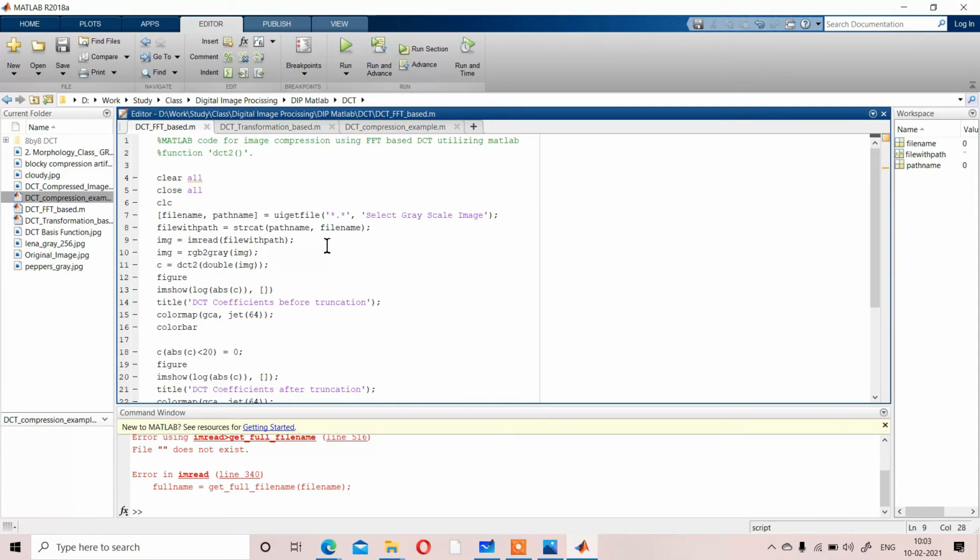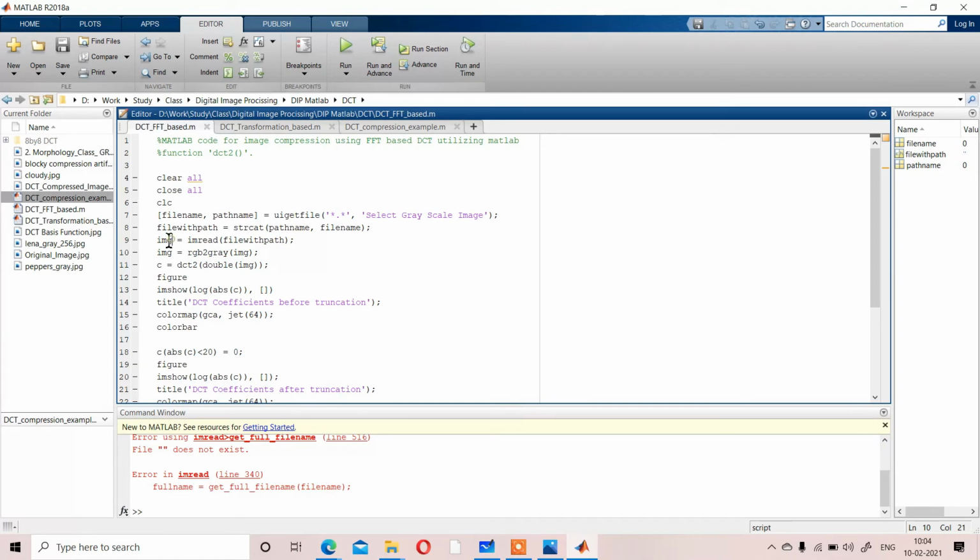Then next, if the image is RGB, then it is okay. If the image is gray level, then it is okay. If it is not a gray level image, then you need to convert the image into gray level by using rgb2gray.